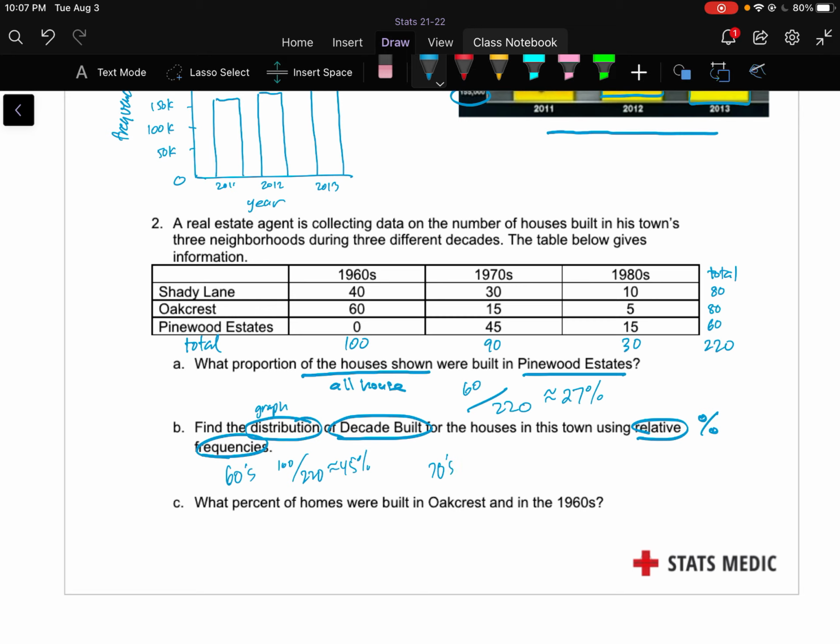For the 1970s, there were 90 homes built out of a total of 220. And that's about 41%. And then for the 1980s, there are 30 homes built out of a total of 220, giving us about 14%.